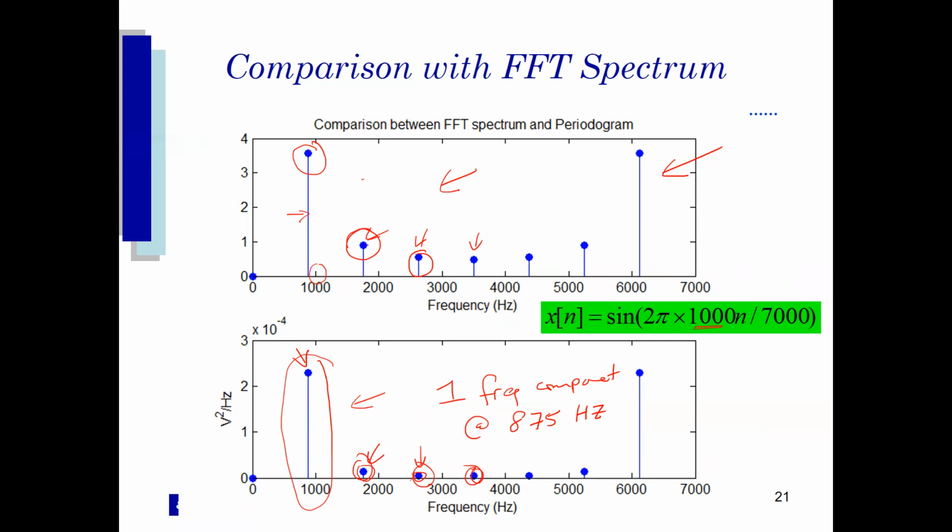Right, so the first part was a short time Fourier transform that leads to the spectrogram. That's for the non-stationary signals. And then back to our stationary signals now.